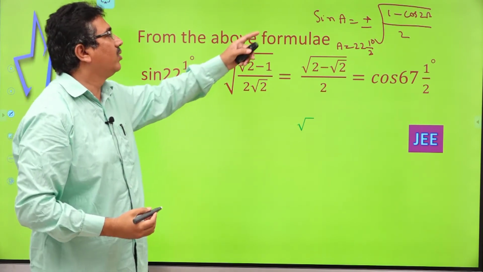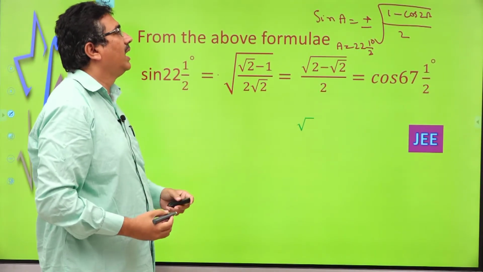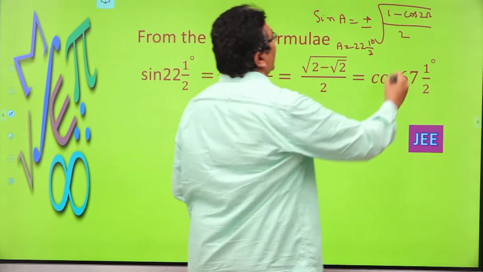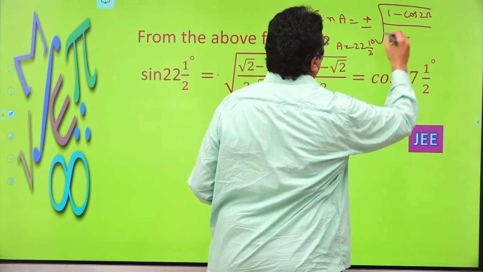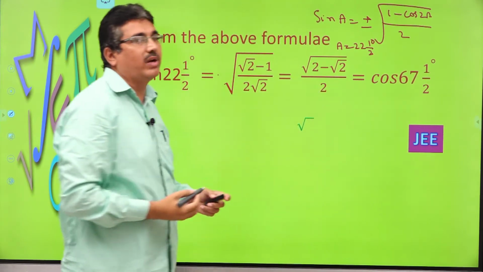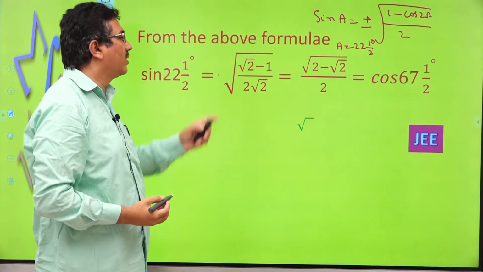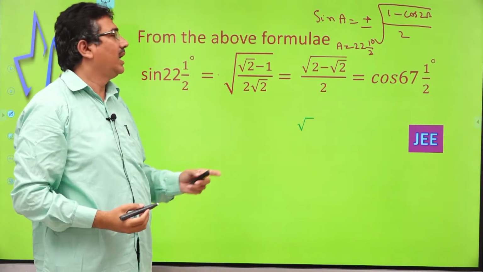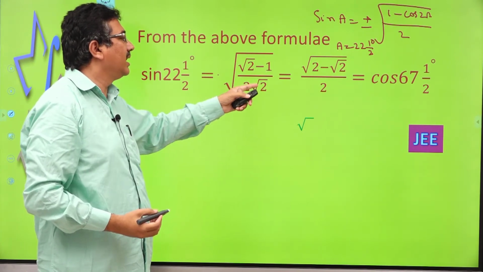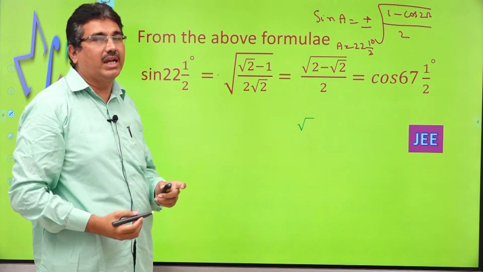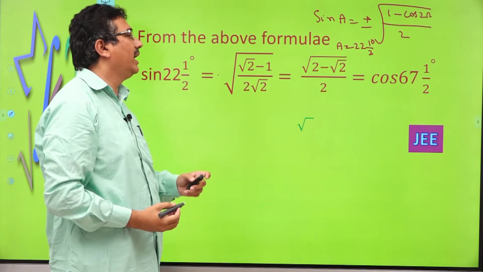So sin 22 and half is equal to plus root of (1 minus cos 45 degrees) divided by 2. Substitute cos 45 degrees, we get sin 22 and half is equal to square root of (root 2 minus 1) by 2 root 2. Rationalizing the denominator, we get square root of (2 minus root 2) by 2.